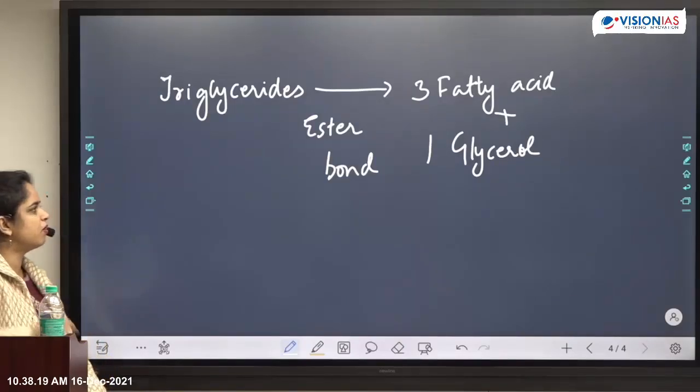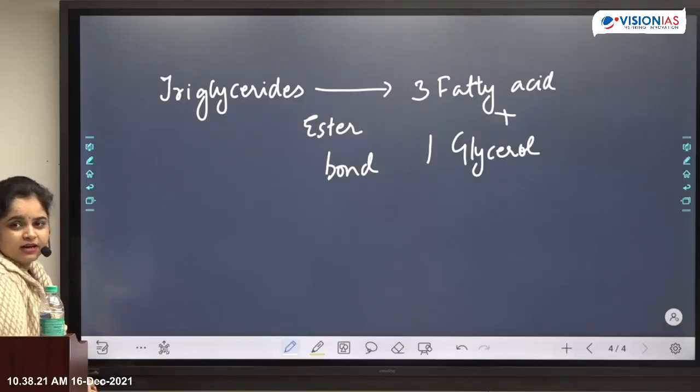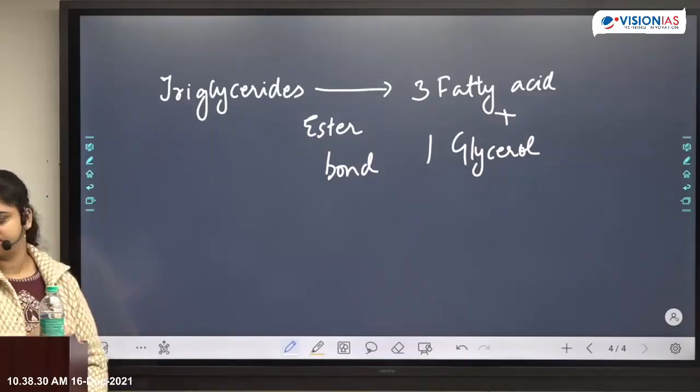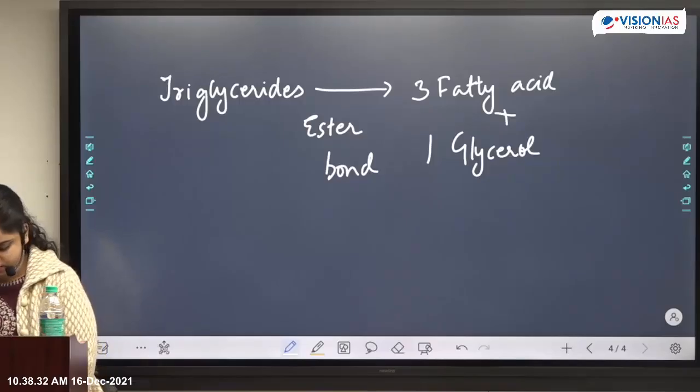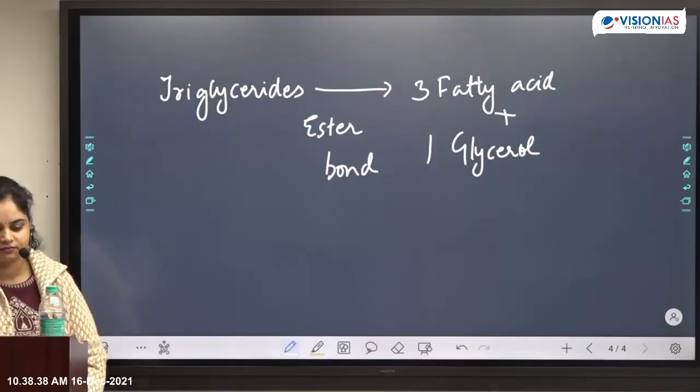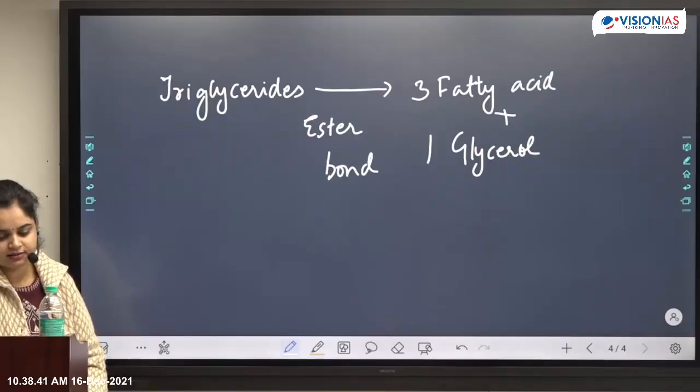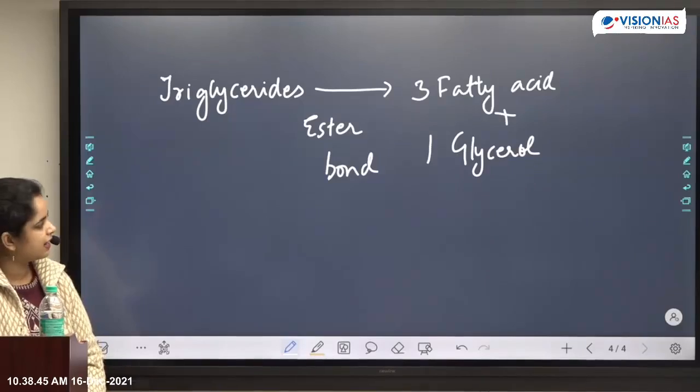It is made up of 3 units of fatty acids and 1 unit of glycerol.